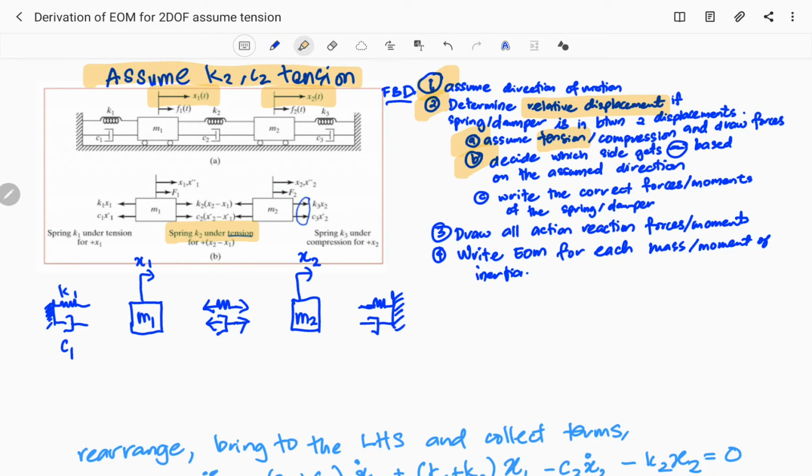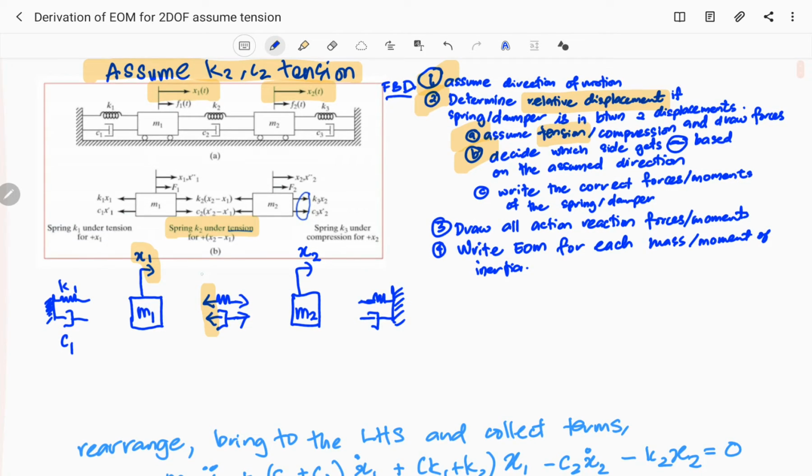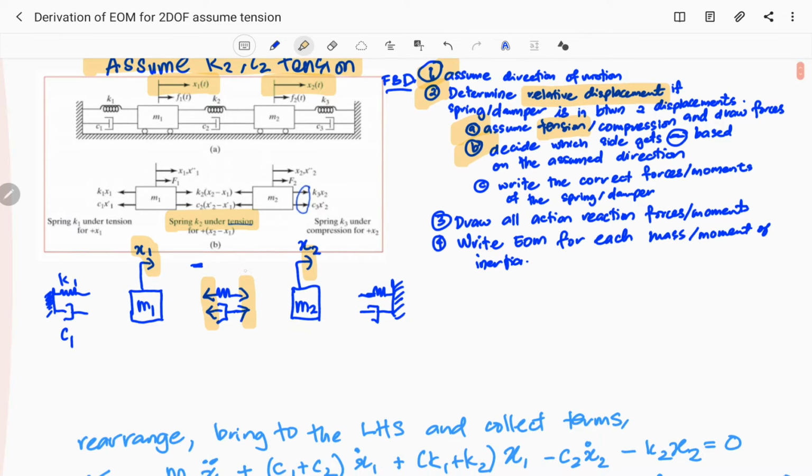You take a look at your side of x1, which is these two arrows, is opposite to x1. In other words, that side should get negative. And if you look at the side of x2, it's actually the same direction, so that side gets positive.